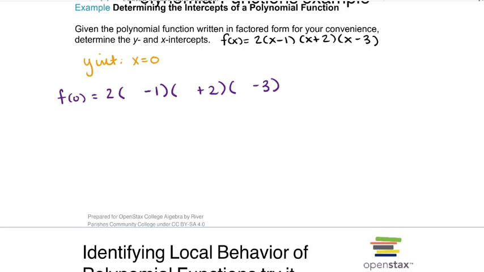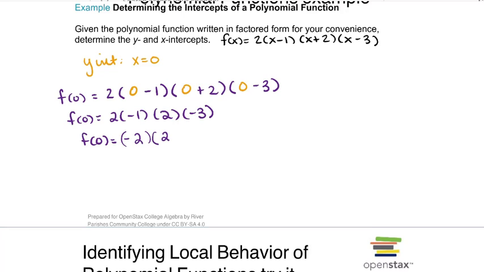We're going to put in 0 everywhere we see an x. So that yields 2 times negative 1 times 2 times negative 3. So f at 0 is 2 times negative 1, which is negative 2, times 2 times negative 3. So f of 0 equals negative 4 times negative 3, and f of 0 is equal to positive 12.